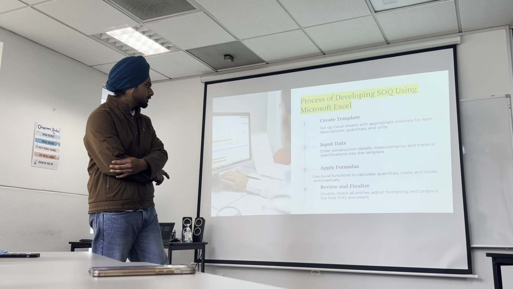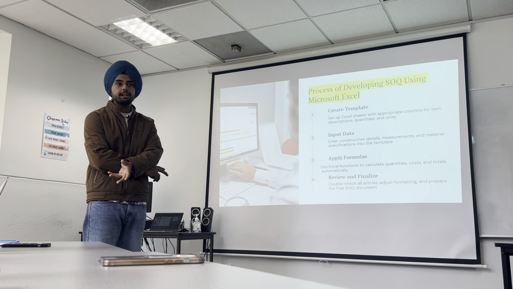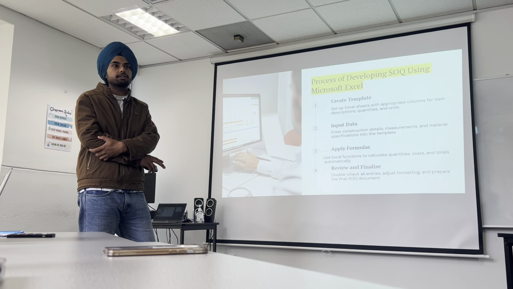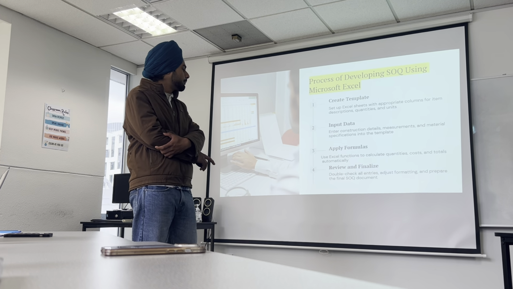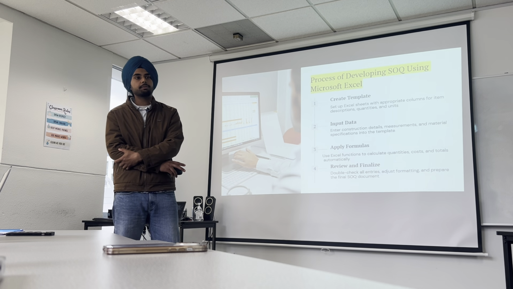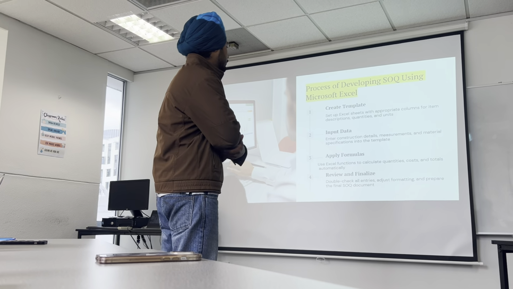Use Excel functions to calculate quantities, costs, and totals automatically, and it's an easy process, guys. It's very easy in Microsoft Excel because we have basic and simple formulas. If we remember those, we can do a very accurate schedule.